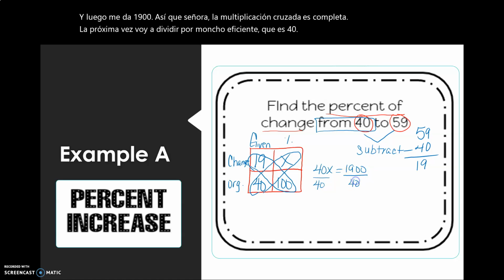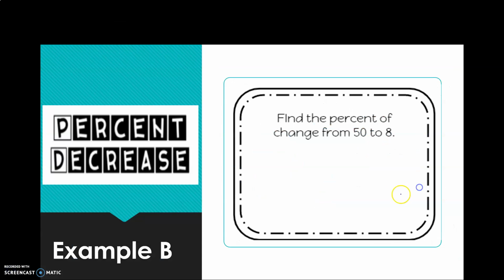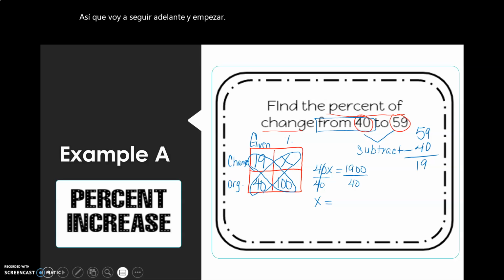Divide by 40 on both sides. We're going to figure out what x is equal to. So I'm going to go ahead and start my division. The top number, 1900, goes inside. The bottom number goes outside. So I'm going to divide.